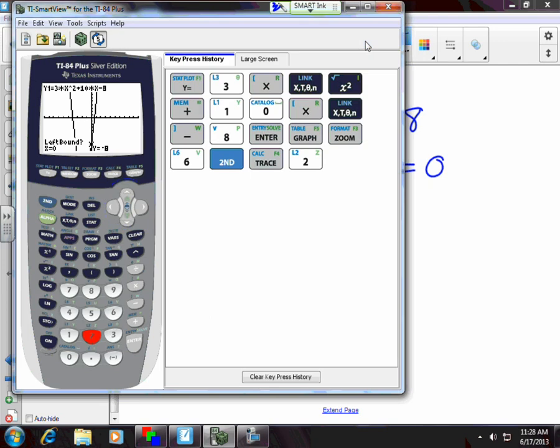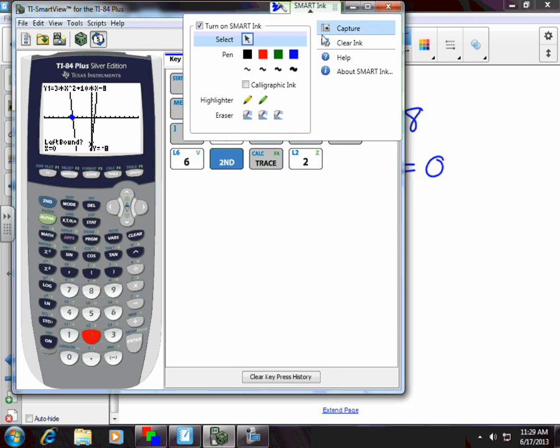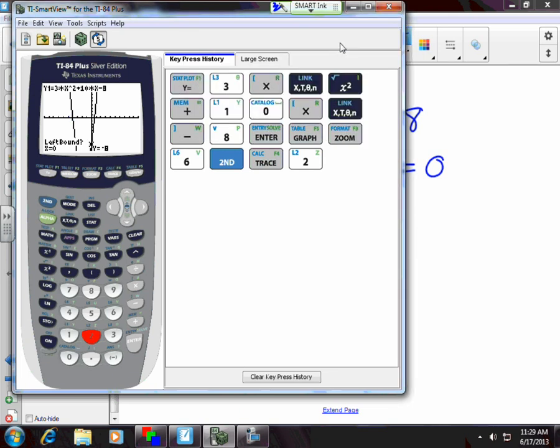Well, you do not need to use the arrow keys. You can actually type in your left and right bounds. So for example, looking here, I see that's our intercept, and counting the tick marks, you can see 1, 2, 3, 4, 5. So negative 5 is clearly to the left of our intercept. So you can just type in negative 5 and enter.